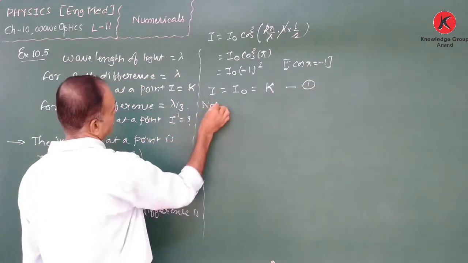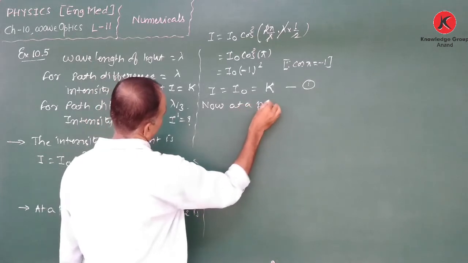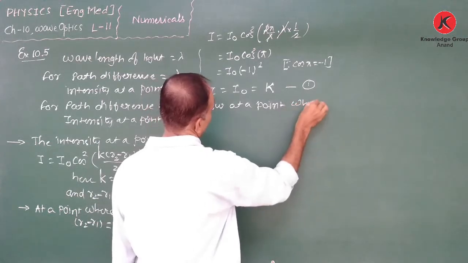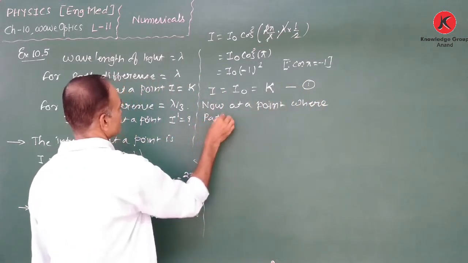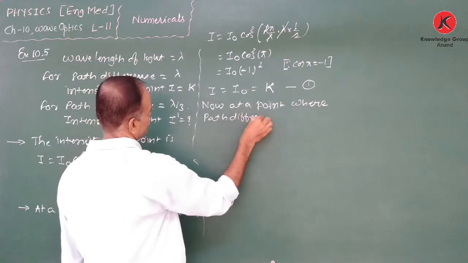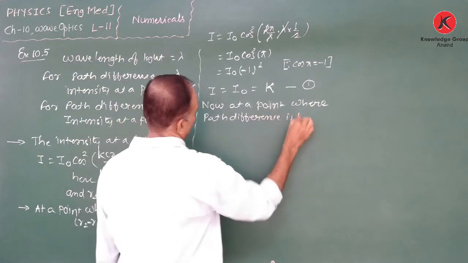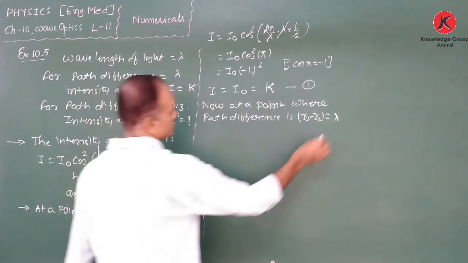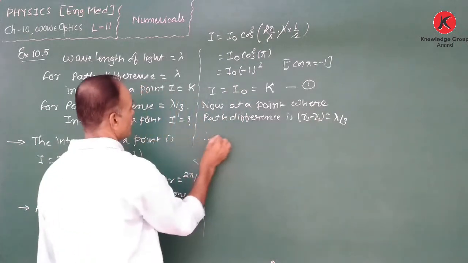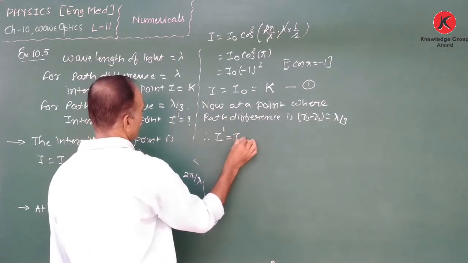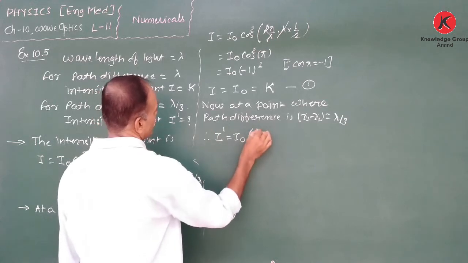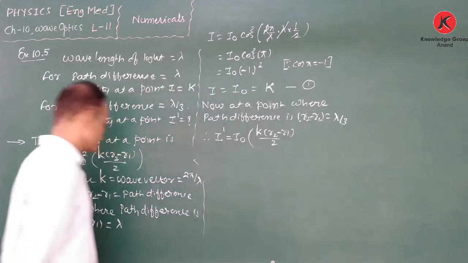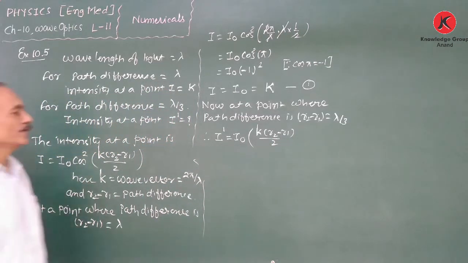Now at a point where the path difference r2 minus r1 is equal to lambda by 3, therefore I dash is equal to I0 cos square of k into r2 minus r1 upon 2.